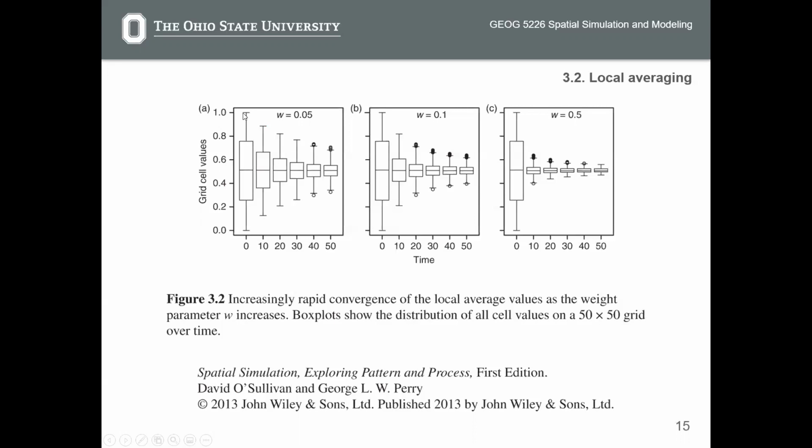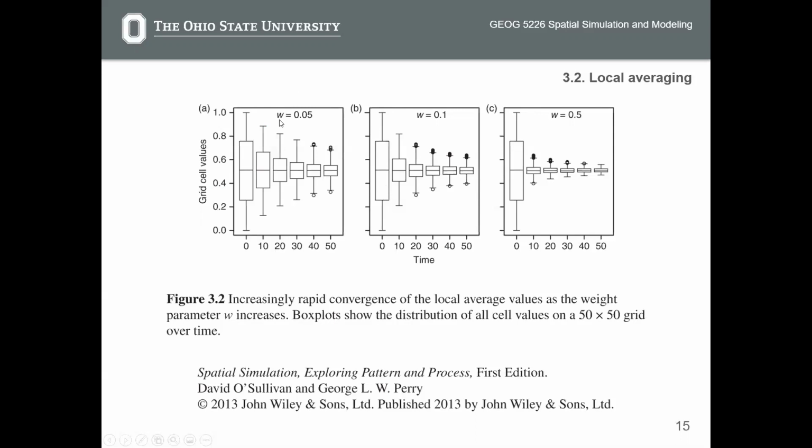The maximum value is 1.0. The 25th percentile is right here, somewhere above 0.2. This is the median value of all cells in the space. It's somewhere right above 0.5. And this is the 75th percentile. It's the same spatial distribution of all cells in terms of values for tick equals 0, right?